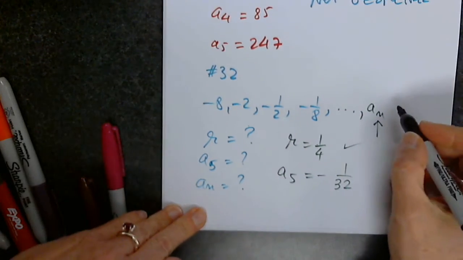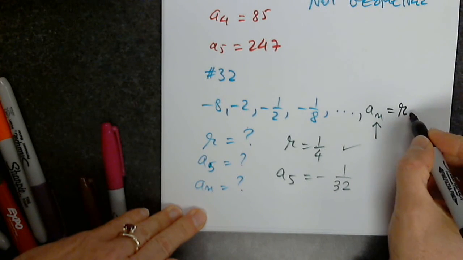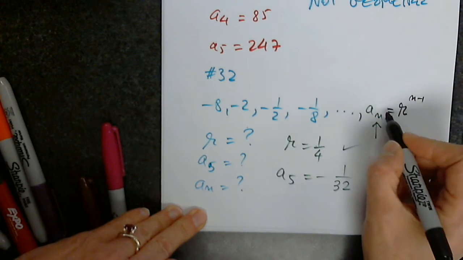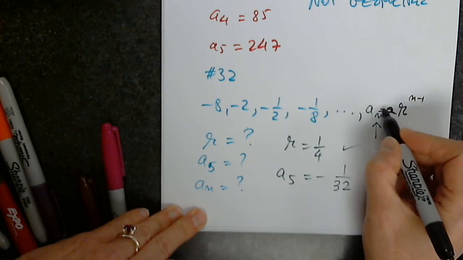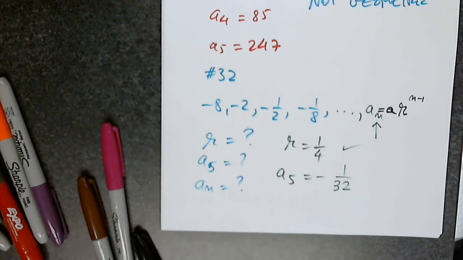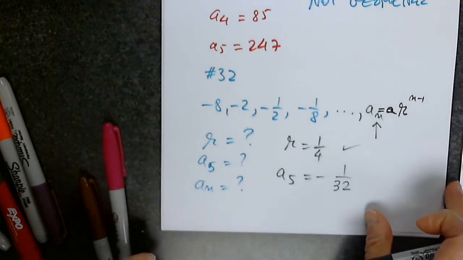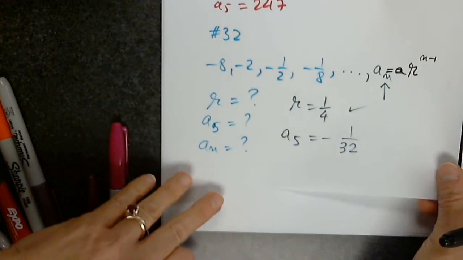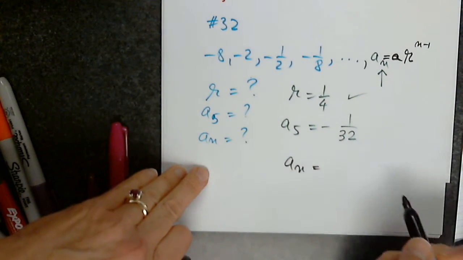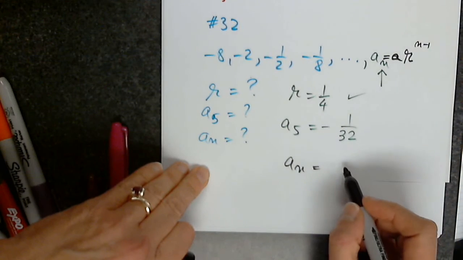And remember, AN is the common ratio raised to n minus 1 multiplied by A. A times R to n minus 1. So AN equals. Let's leave the A for a second.